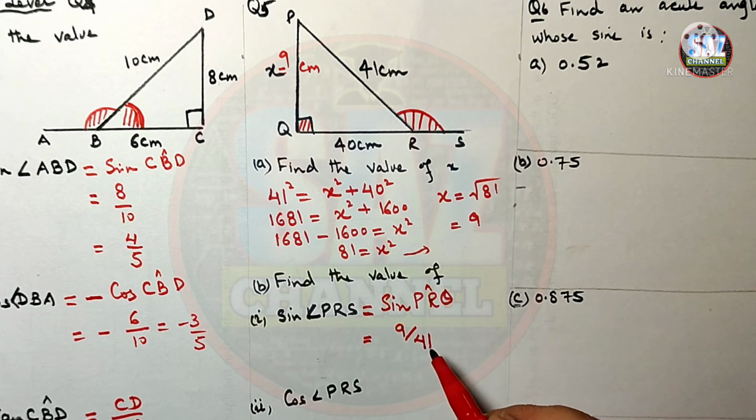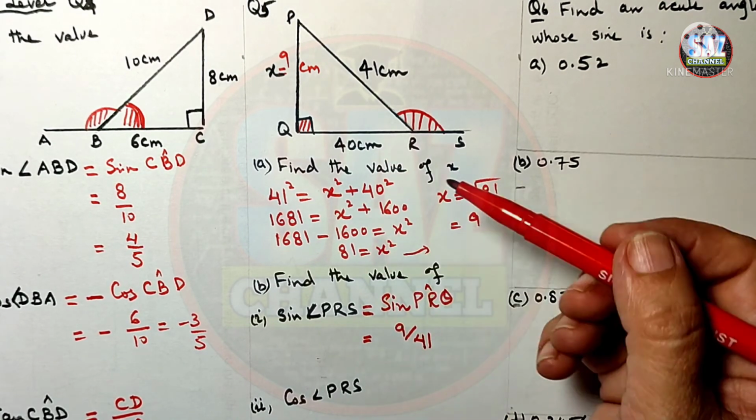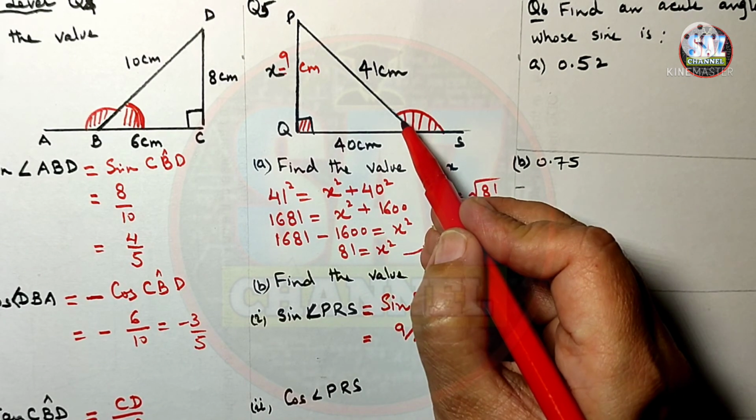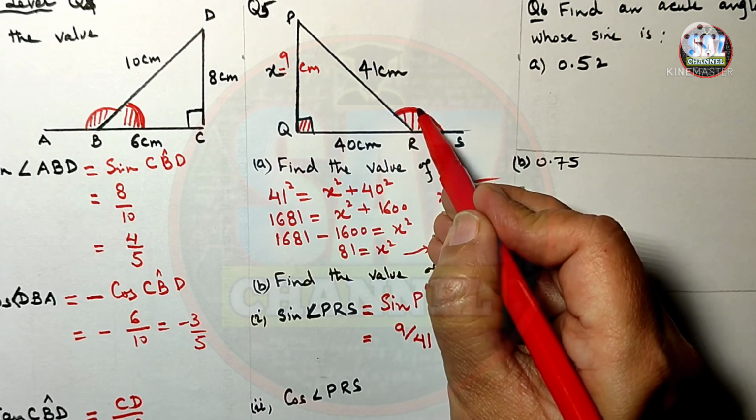Moving to the second part, that is cos PRS. Cosine of the trigonometric ratio PRS, where PRS is the obtuse angle.